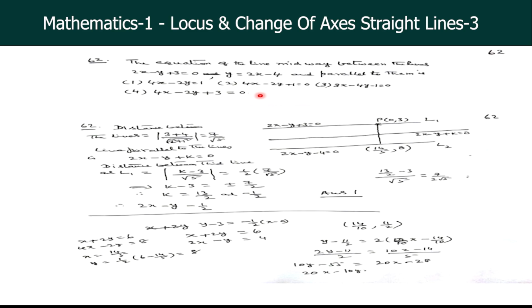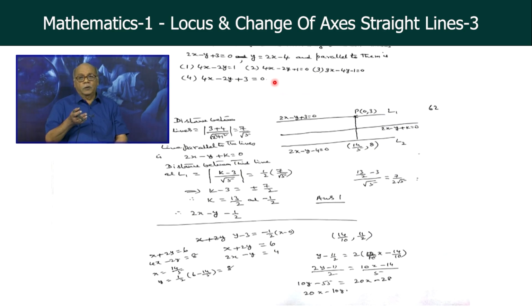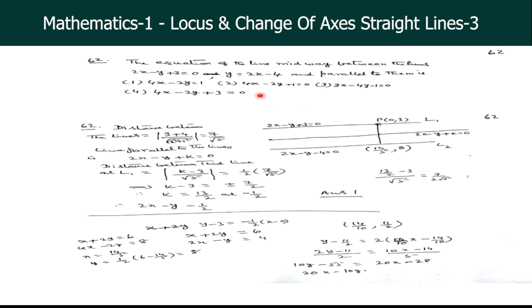Now, first of all, all of you know that the distance between two parallel lines, as I told you in the last class, ax + by + c = 0 and ax + by + d = 0 is |d - c|/√(a² + b²). The distance between the two parallel lines is, according to the formula, 7/√5.